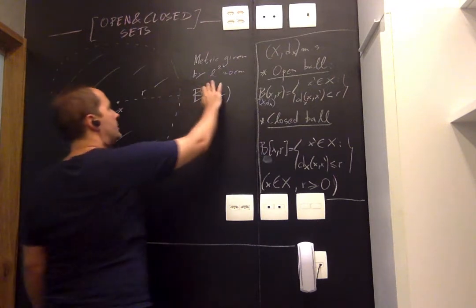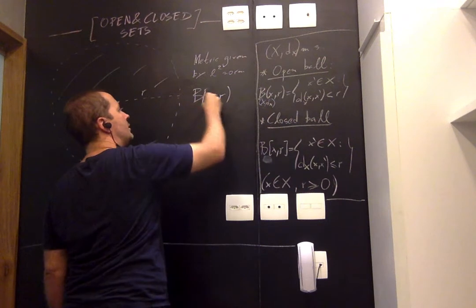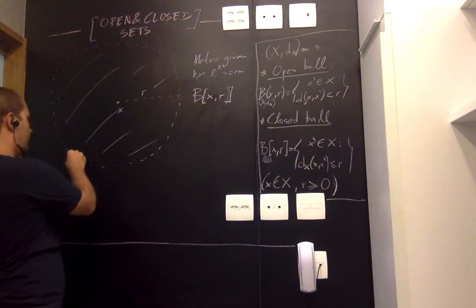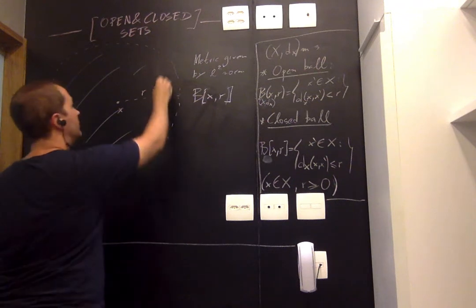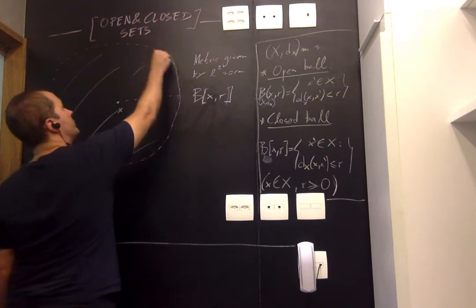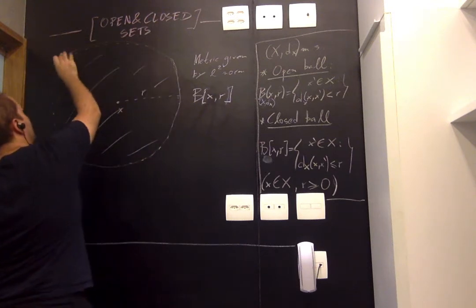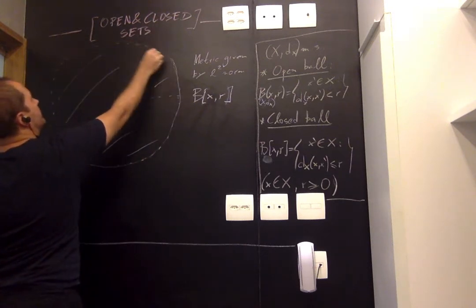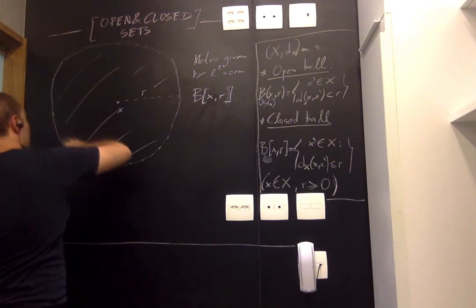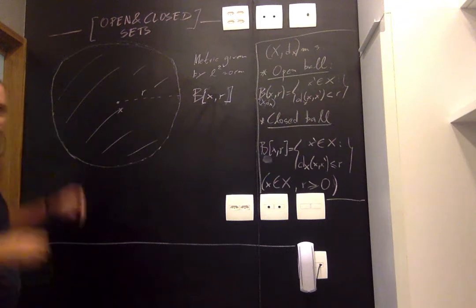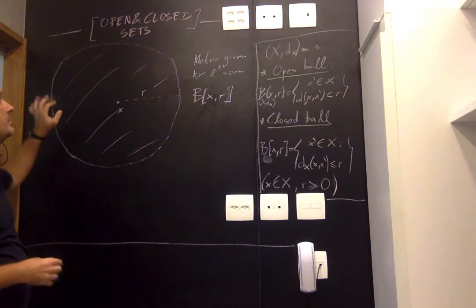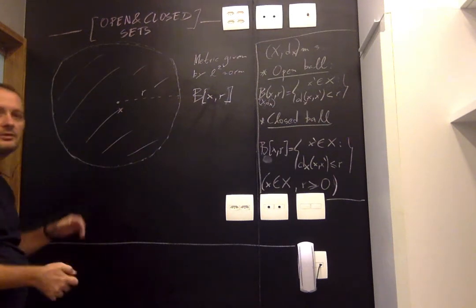What if I want a closed ball? Then I have to include everybody who's at distance exactly equal to r from x, so I have to include this boundary here. We still haven't discussed what a boundary is in topological terms, but I think it's clear what I mean in this specific example: a circle that encircles a ball. And the ball is kind of funnily shaped, but luckily, as we're going to see, topology is very resistant to continuous transformations.